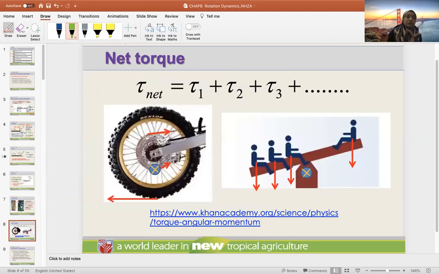Okay, so next one, we have torque net, the total torque on an object. Kita baik tengok this seesaw. So here, what is the force applied on this beam? If I'm sitting on this beam, my weight is, let's say, 50 kilograms. So the force is 9.81 times 50.